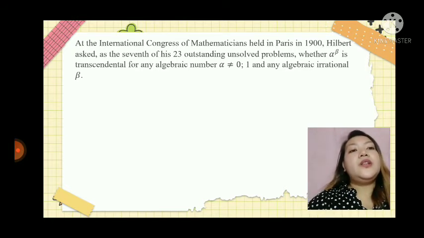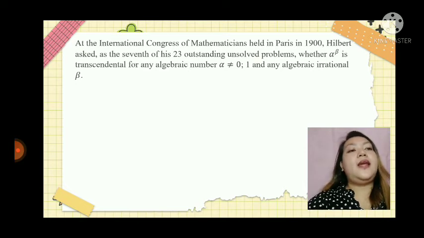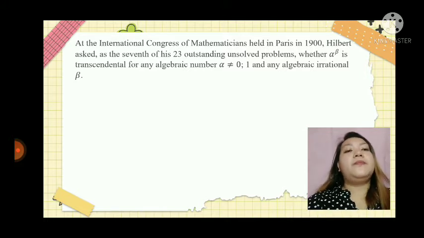At the International Congress of Mathematicians held in Paris in 1900, Hilbert asked, as the seventh of his 23 outstanding unsolved problems, whether alpha to the power of beta is transcendental for any algebraic alpha not equal to 0, 1, and any algebraic irrational beta.